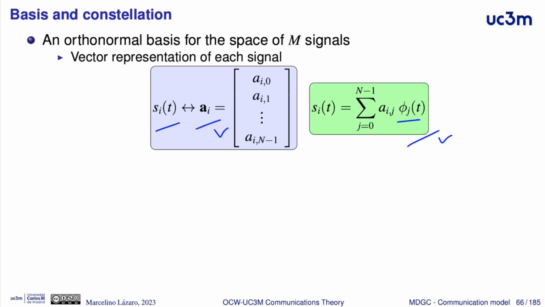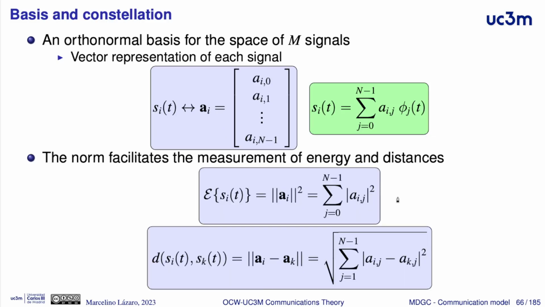And the good property of this representation is that the energy of a signal and the difference between signals, as measured by the energy of the difference between the signals, can be obtained by the norm of every vector and by the distance in the vector representation of these signals, independently of the shape that we have in the time domain.